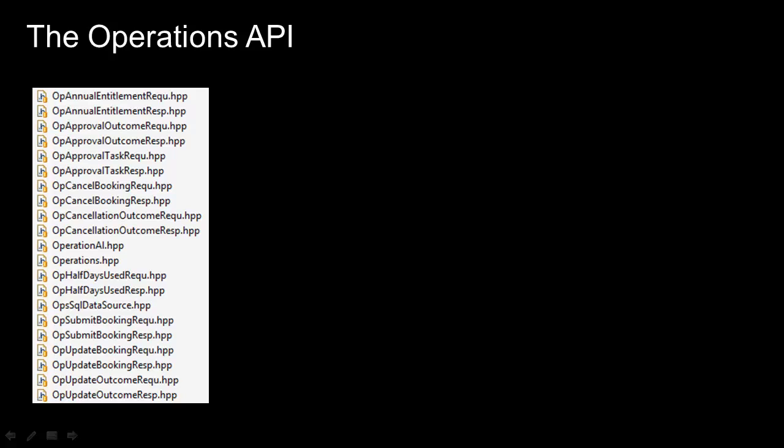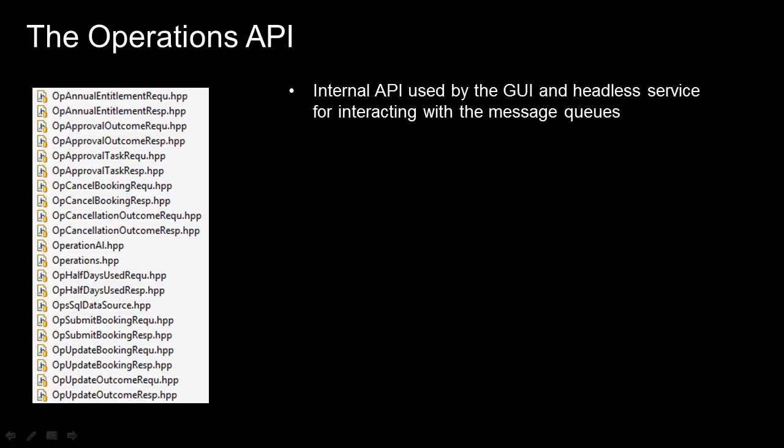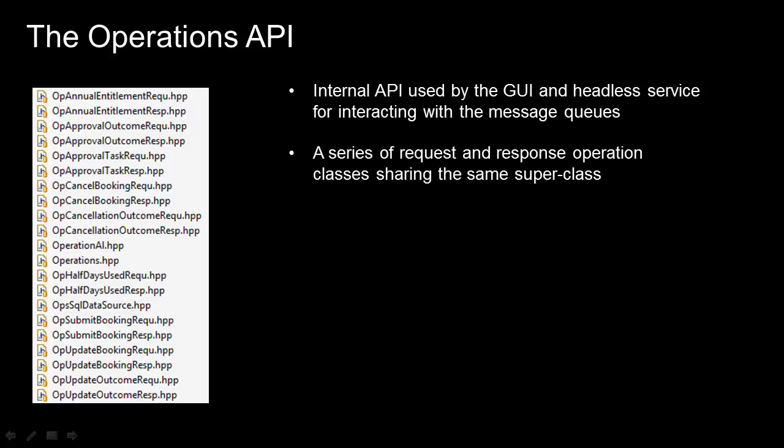Now, I've already mentioned the operations API several times, so let's take a closer look at that. Once again, it's an internal API used by the GUI and the headless service for interacting with the message queues without needing to know anything about their underlying details. It comprises a series of request and response operation classes, each sharing the same superclass.